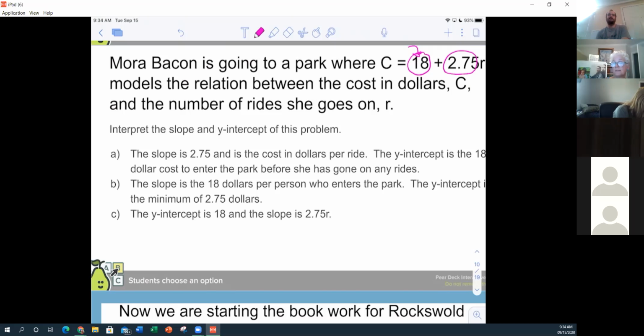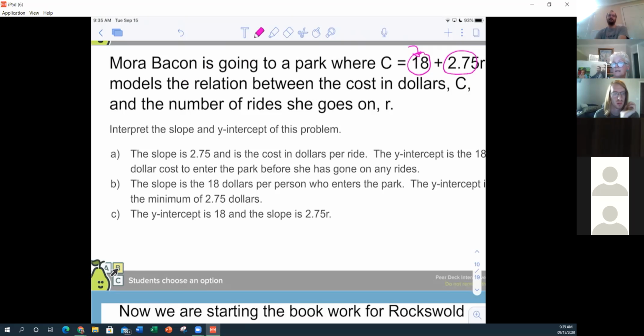So what I would recommend on these is always just think, what does this actually mean? What is this telling us? If they say the cost of operating a company is $2,500 a day plus $9 for everything manufactured, the $2,500 is the constant that it costs the company per day.